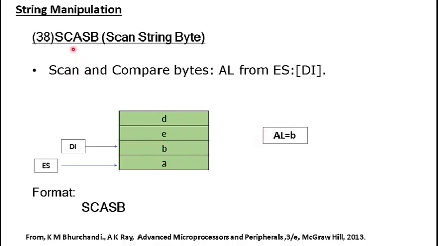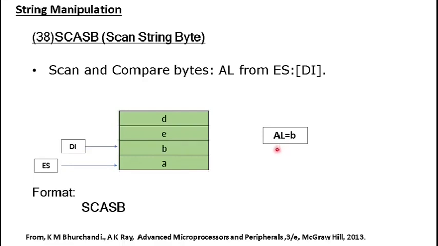How SCASB works is, the byte for which we are searching has to be put in the AL register, and the string is pointed to by this mechanism. If we issue SCASB, then for one execution of SCASB, the current byte being pointed to by ES and DI will be checked with the contents of AL, by subtraction.